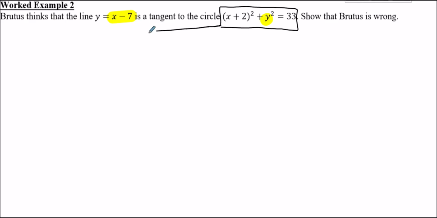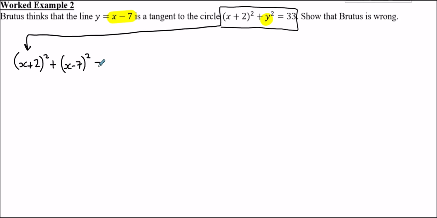we can write in a different form and say that it's the same as x plus 2 all squared plus x minus 7 all squared, because that's what y is, according to this, where it hits the curve. That needs to be equal to 33. So let's expand this out and simplify.